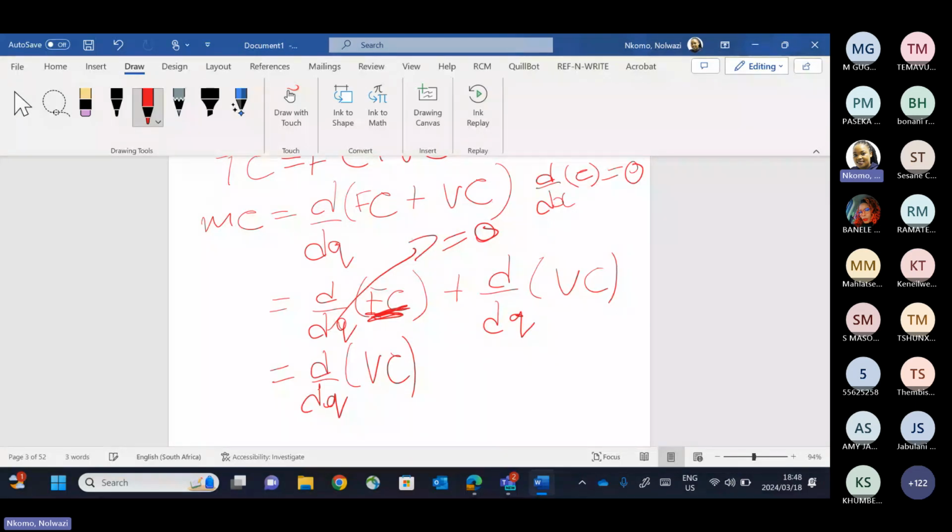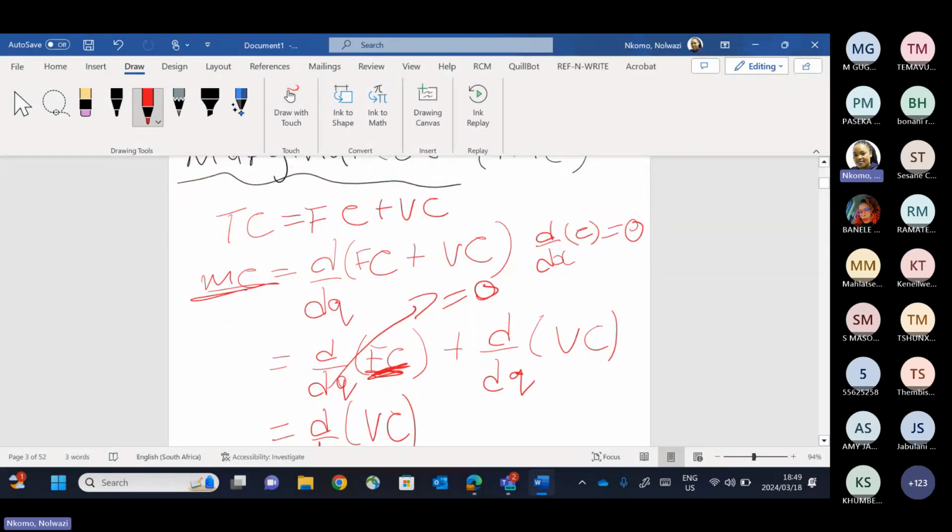Then we are left with this part, meaning the marginal cost is the derivative of the variable cost. So if you are given a total cost and you want to find the marginal cost, since the total cost consists of the fixed cost and the variable cost, you can just differentiate the variable cost and that would be your answer.